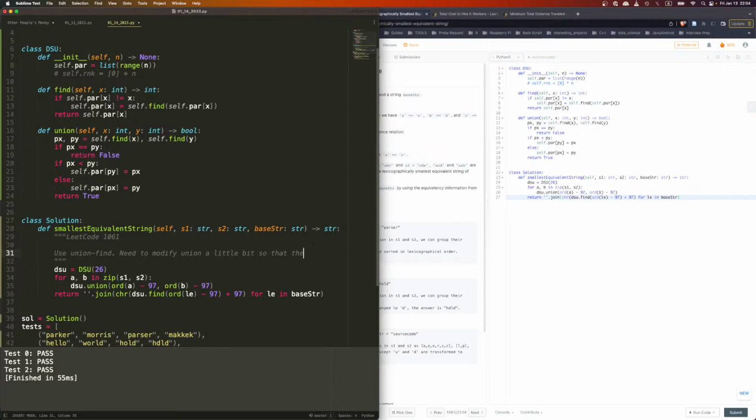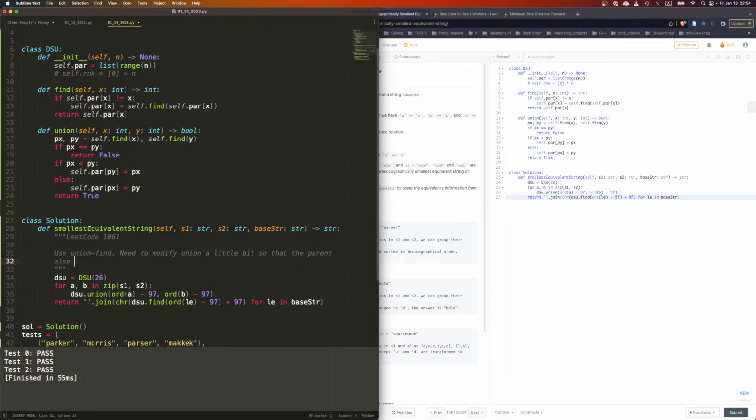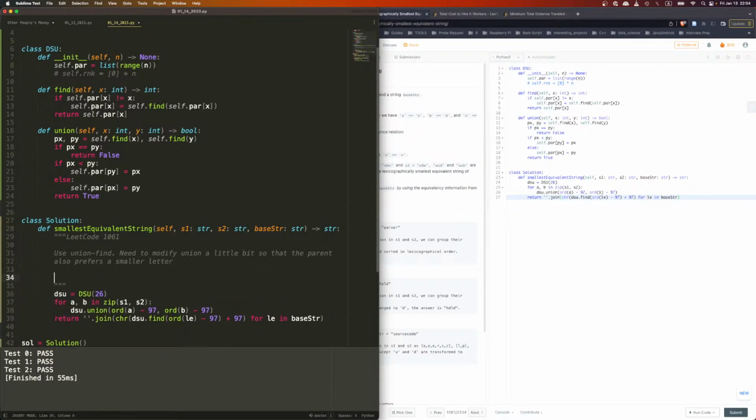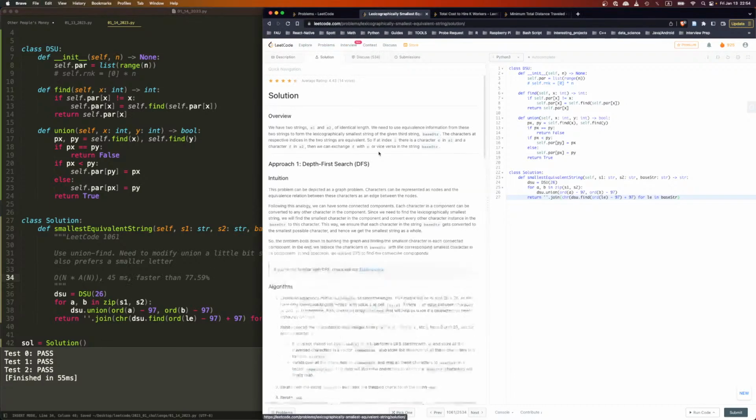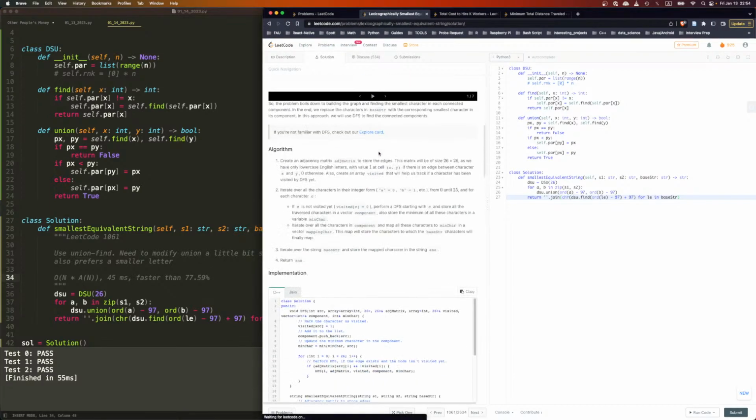So that the parent always prefers a smaller letter. I think it's A. It's reverse Ackermann, something like that. Who knows? DFS.